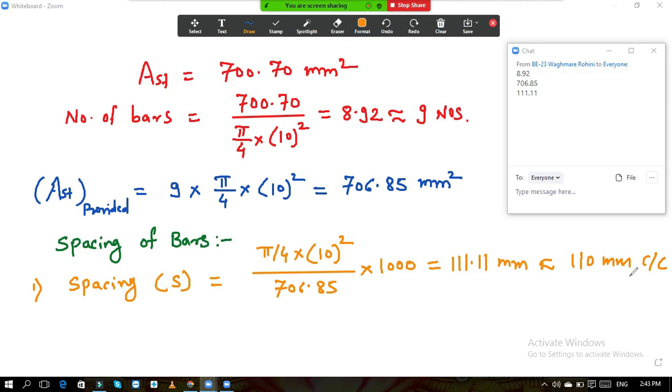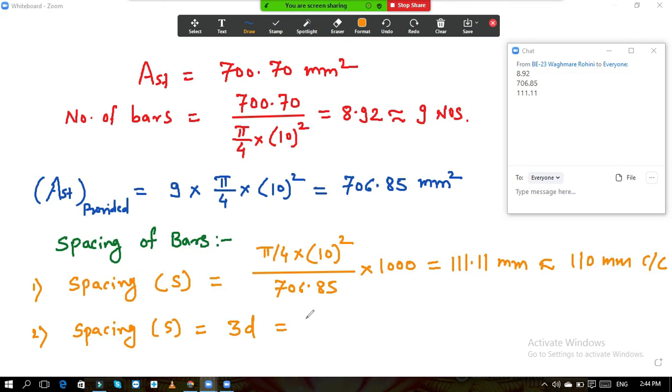Again, what is the spacing? Second case, spacing is equal to 3D. So now 3 into D, calculate the answer. D is the effective depth.